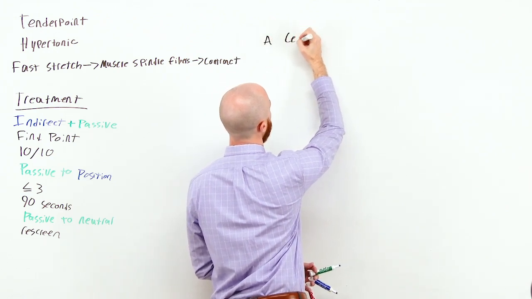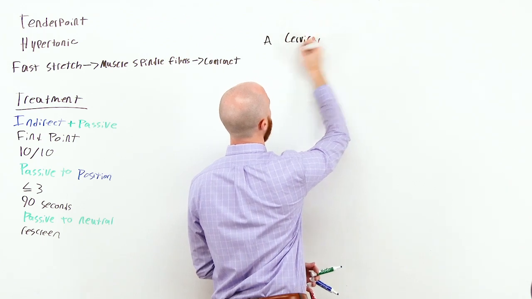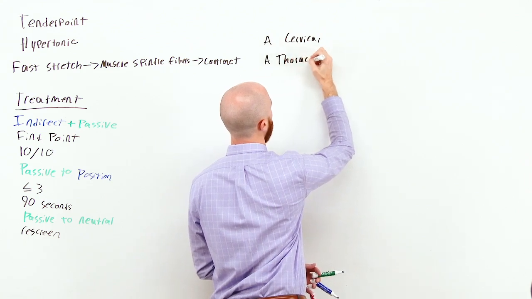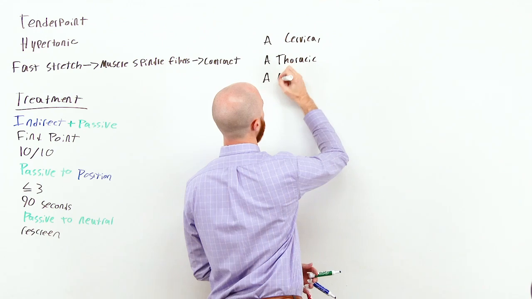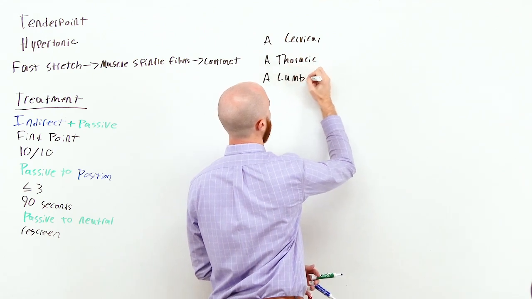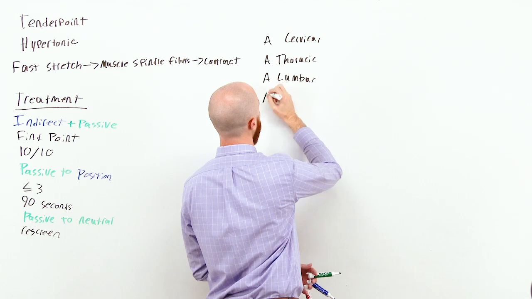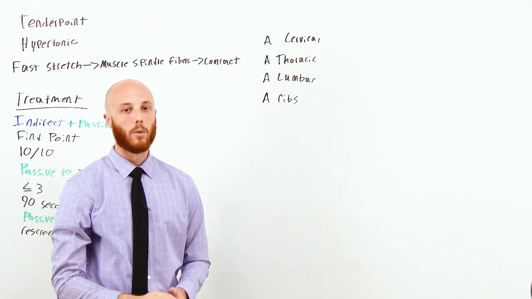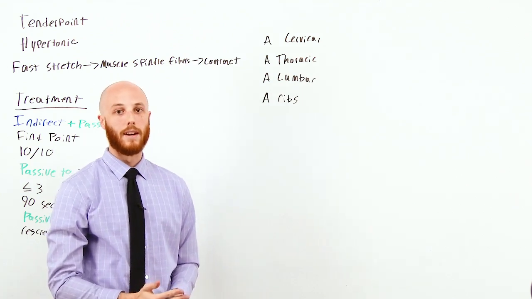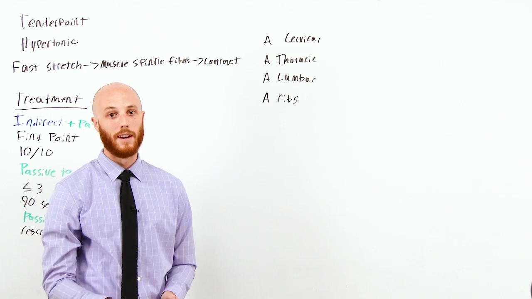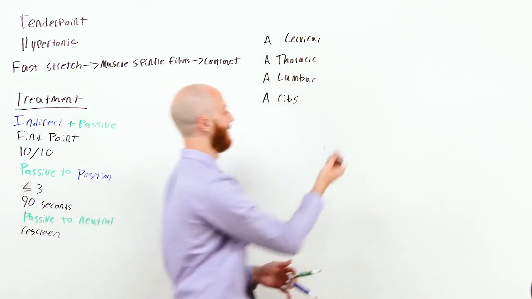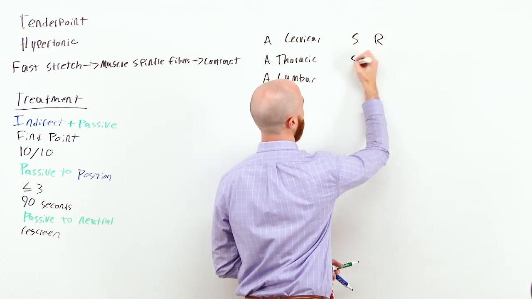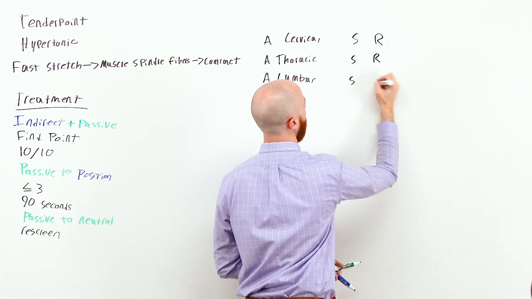Anterior cervical, anterior thoracic, anterior lumbar, and anterior ribs. And the organizer that we're going to use is going to be SARA. We're going to get really familiar with SARA during this talk. So we're going to write out SR for all of the spots.